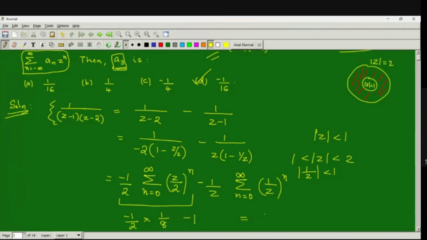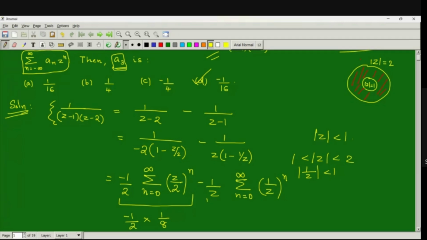It is not coming, right? Why minus 1, ma'am? So what is the coefficient of? Okay, so that is the issue.